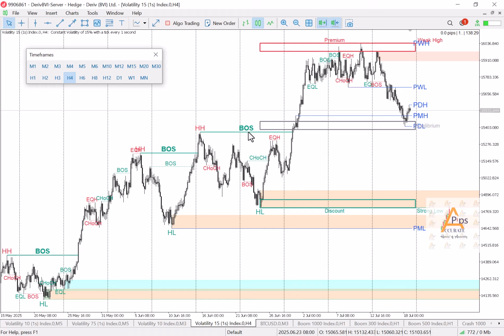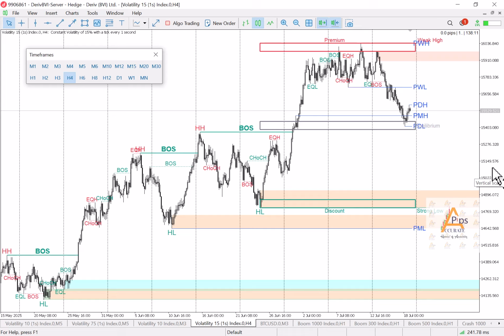So overall structure, we are bullish. Now, but then internally we have changed from bullish to bearish. That is internally, not externally. So it means in the short term, you can look for what?